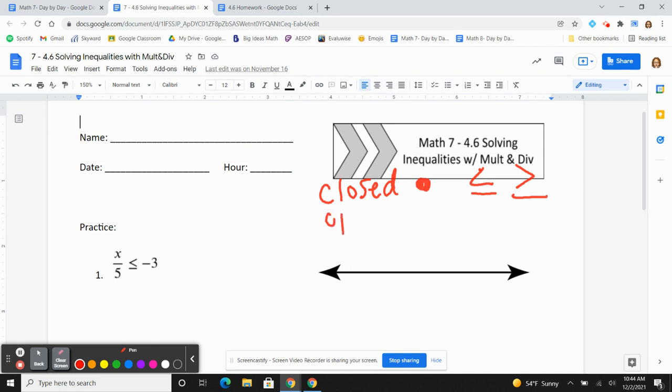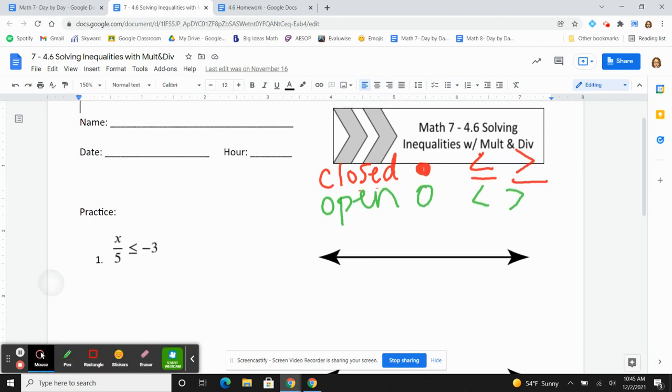And you use an open circle when it's just less than or greater than. Okay? All right, so now let's do number 1.